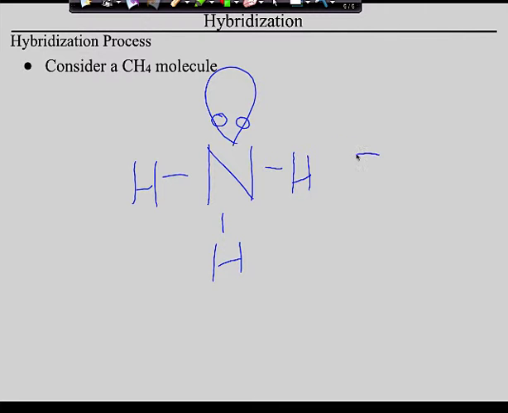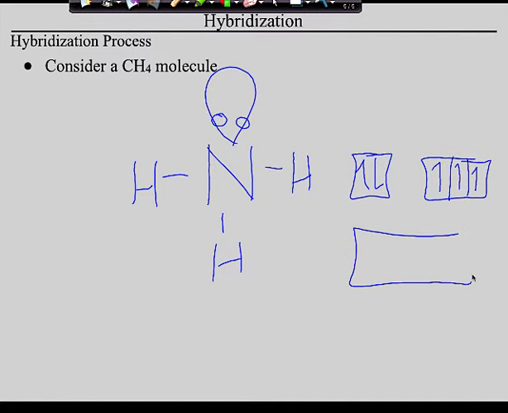If you look at it this way, here's the s, and here's the p's, and it would look like this. So that would be the orbital filling diagram for the valence electrons in nitrogen. When that forms sp3 hybrids, when you put 5 electrons in there, there's 4, there's the 5th.